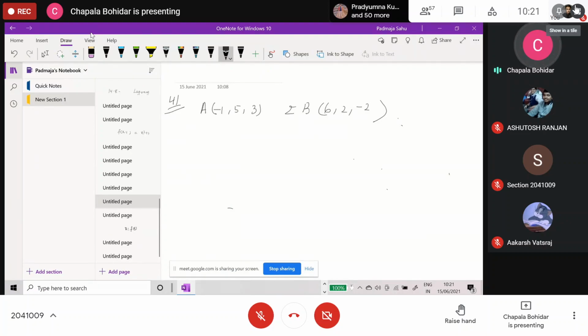That means if the point is C, then you have to find CA and CB, and they are equal because it is equidistant. Solve and tell me your answer.